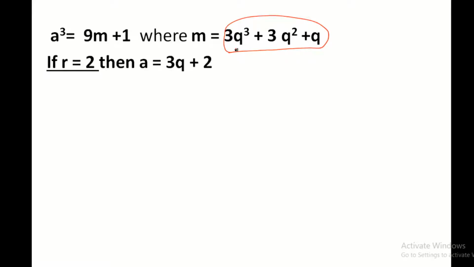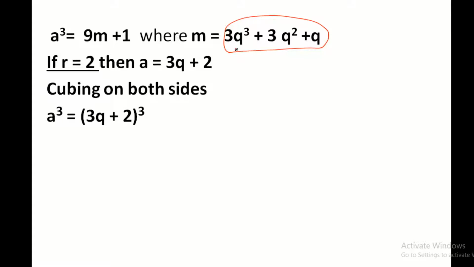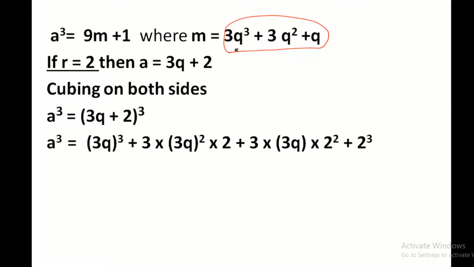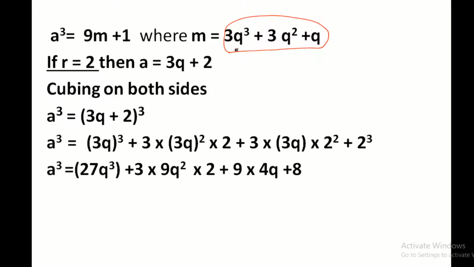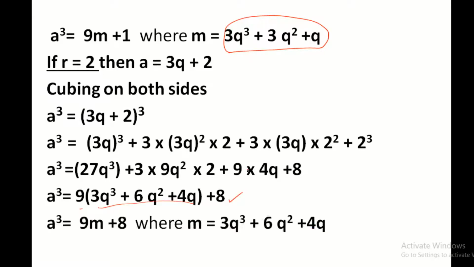And if r is equal to 2, which is our last condition, a is equal to 3q plus 2. Cubing on both sides, again we get this. We use the same formula, a plus b whole cube. Upon expanding and simplifying, we get 9 into some value, and this 8 is left over.